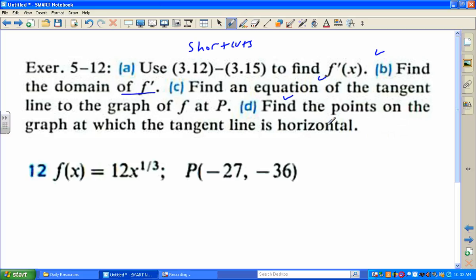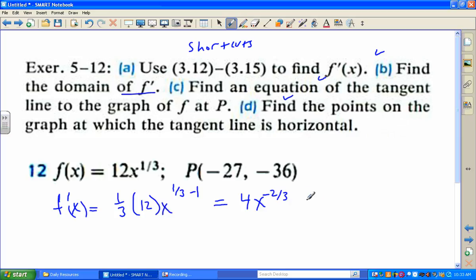You're doing the shortcuts. So on this one, f prime of x equals 1/3 times 12x to the 1/3 minus 1. That's using the shortcut. Well, 1/3 times 12 is going to be 4x to negative 2/3.